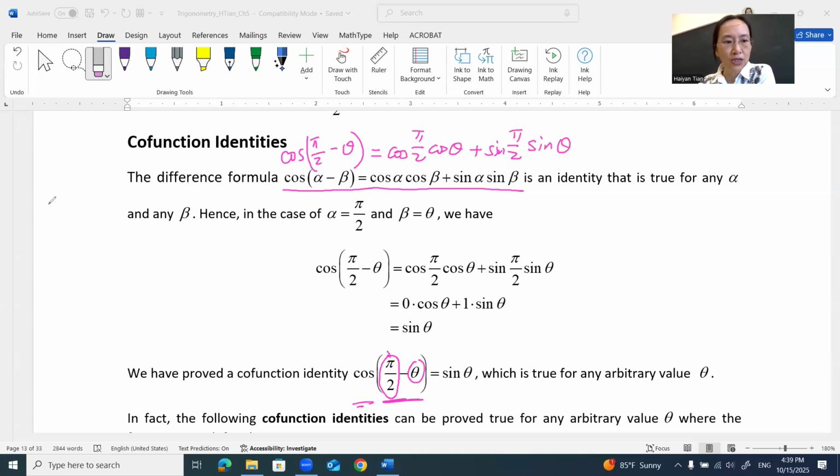So now this identity is applied to this case. We start from here. We know that half of pi is a very special angle. The sine at half of pi is 1. So this one is 1, and 1 times sine theta is still sine theta. And cosine at half of pi is 0.